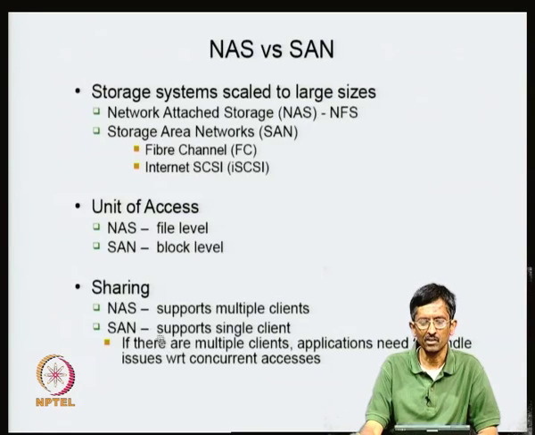It is a simple idea that I access blocks, and therefore there is no other party in between. So, the machine directly talks to the storage. So, these are two differences. We will look at network attached storage later.